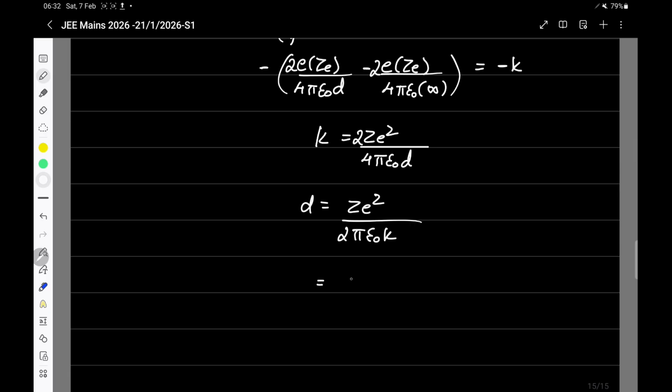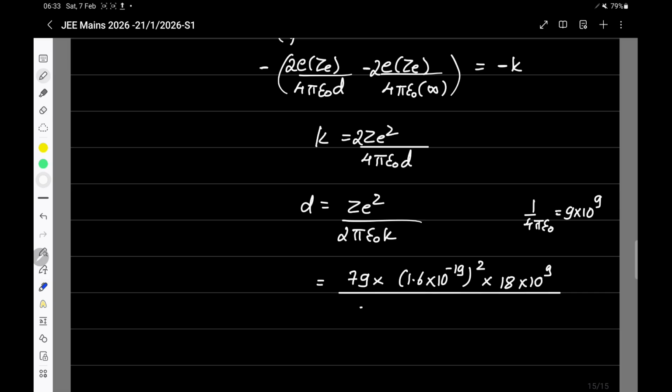So what is the value of Z? Z is 79. e square will be 1.6 into 10 power minus 19 whole square, into 1 by 4 pi epsilon naught, which is 9 into 10 power 9. Therefore, 1 by 2 pi epsilon naught will be 18 into 10 power 9, divided by kinetic energy 7.7 mega electron volt.